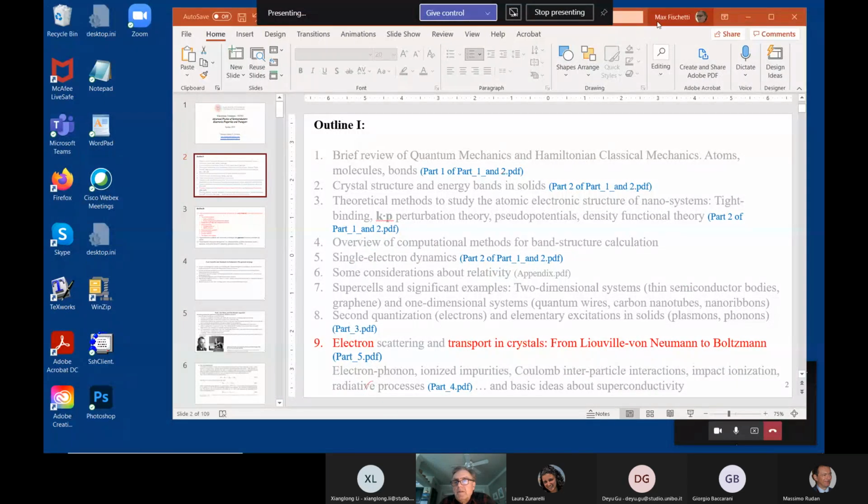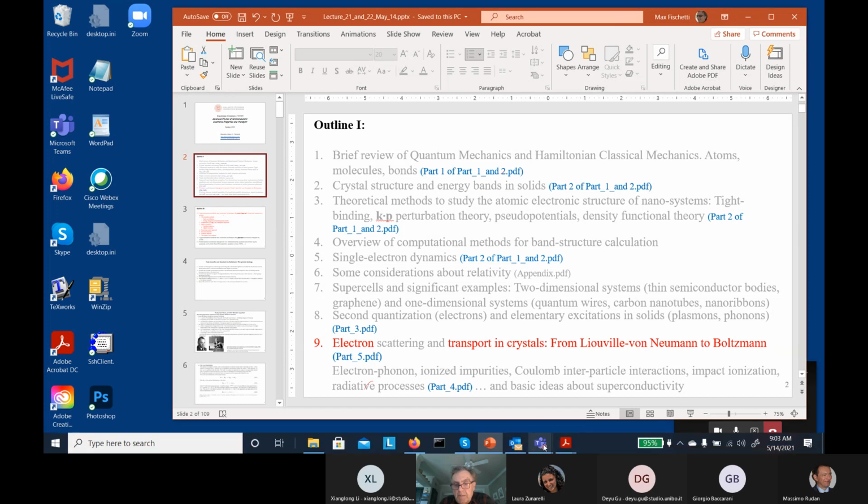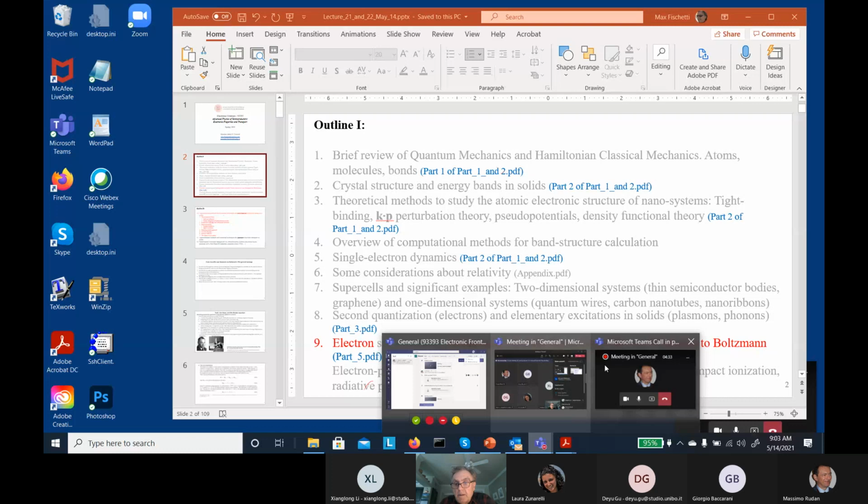Where the heck? I can't. Okay. No. Sorry. It looks like I'm having a problem sharing here. It shows my total computer screen, I suspect, right? Let me see what's happening here.